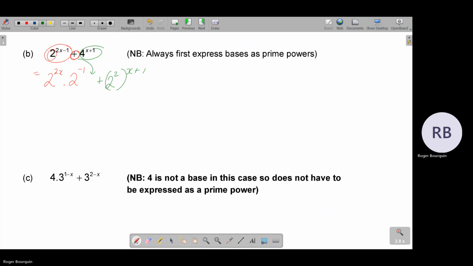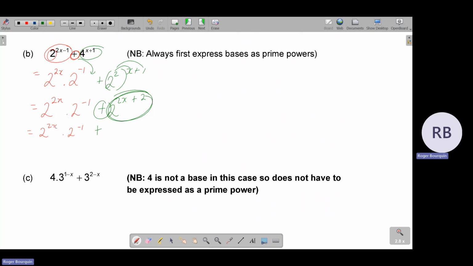This is not going to change over here. That's still going to be 2 to the 2x times 2 to the negative 1. Here, I'm going to first distribute that. So it's going to be plus 2 to the 2x, plus 2. Now, because I'm adding, and I'm going to try to factorize, I'm going to split this bit up over here. So this is going to stay at 2 to the 2x times 2 to the negative 1.